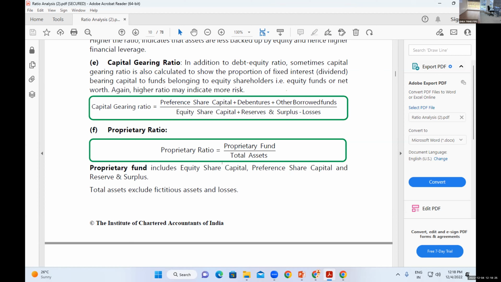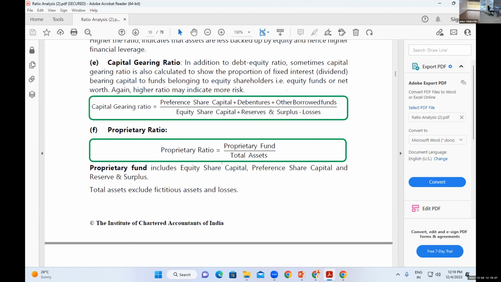2 lakhs divided by 10 lakhs. 2 by 10 is equal to 1 by 5.